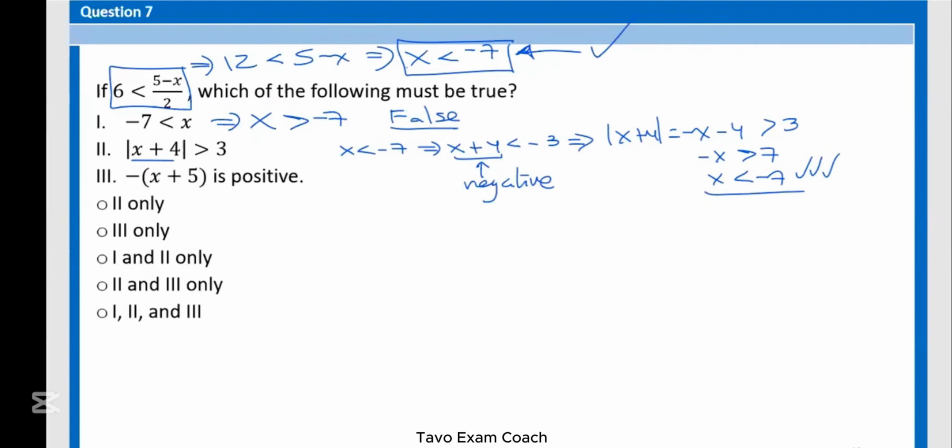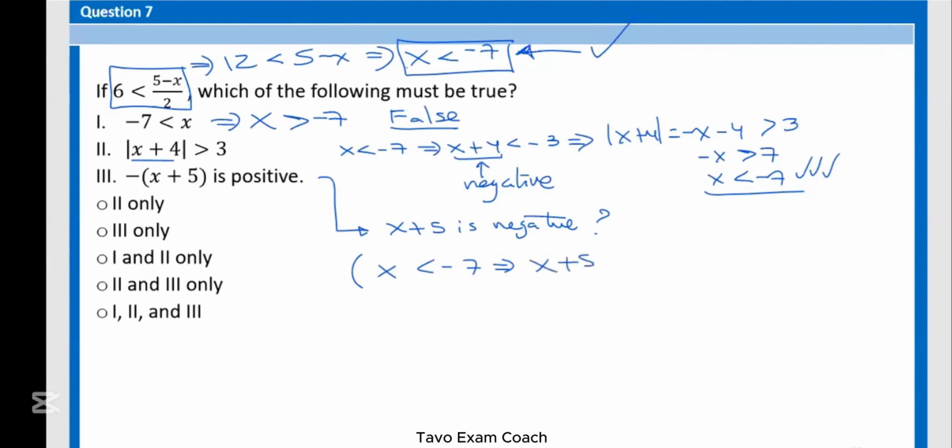Let's try the statement 3. They are telling us that the additive inverse of x plus 5 is positive. So what this is affirming is that x plus 5 is actually negative. Is that affirmation true? Well, let's see here. If x is less than negative 7, what happens with the expression x plus 5?